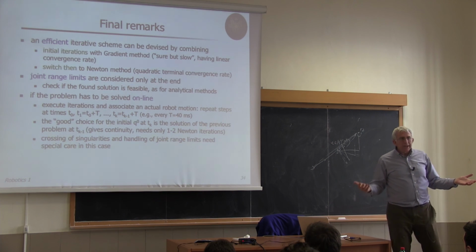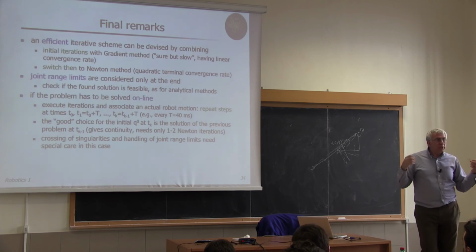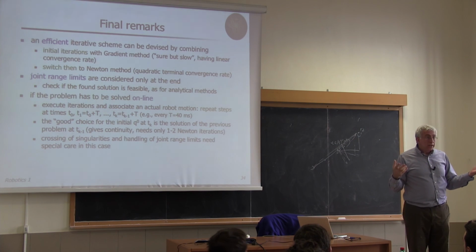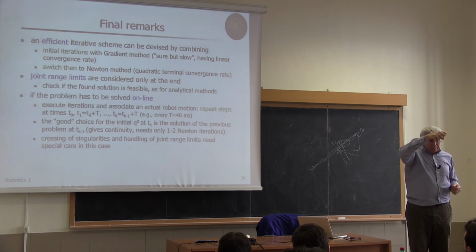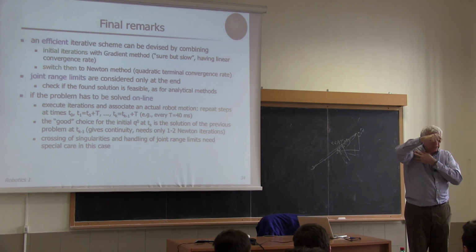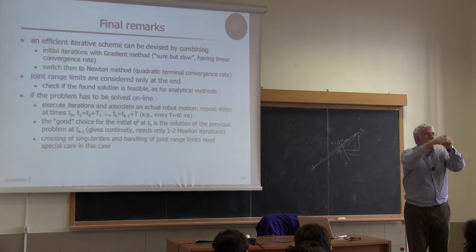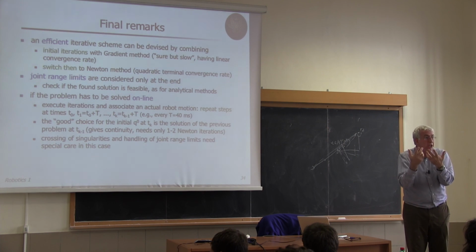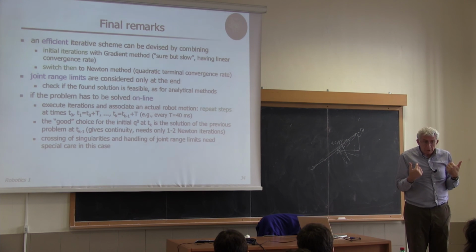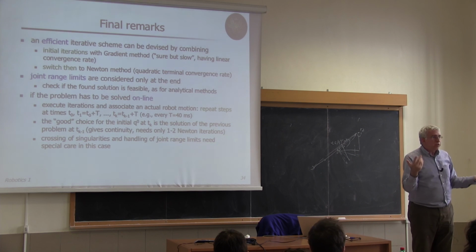Okay? Now, there are many cases where this inverse kinematic problem needs to be solved online. So you are already in a desired pose for the end effector in a certain configuration, and now some sensor tells you that you should move from here to here. So you have to solve this as fast as possible, starting with which initial guess? With the current configuration of the robot arm. And while doing the iteration, you are starting to move the arm itself.